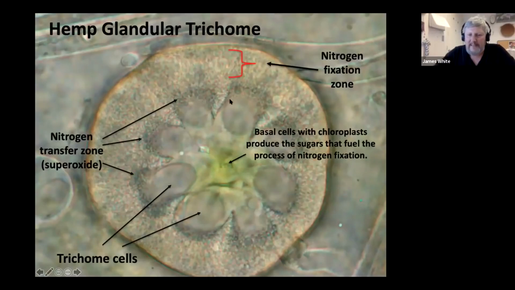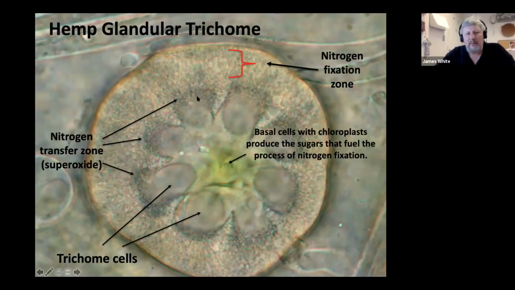This shows one of these glandular trichomes, looking down at it, with a leaf below. This is the periphery of the trichome. You can see the wall of the trichome out here, and all this brown in here is bacteria, bacterial protoplasts inside the trichome. So that's all area that has microbes in it that could be fixing nitrogen. This would be the nitrogen fixation area.